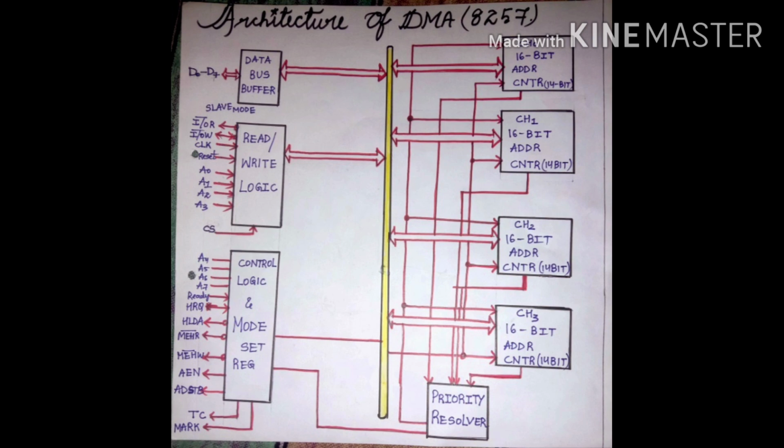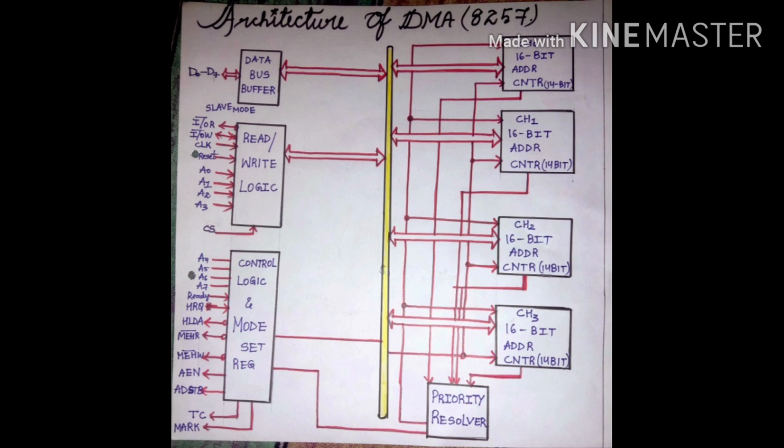First, the peripherals send a DMA request to the DMA controller. Whenever the DMA controller becomes master, it sends the DMA acknowledge to the peripherals, and the priority resolver decides which request has the highest priority.